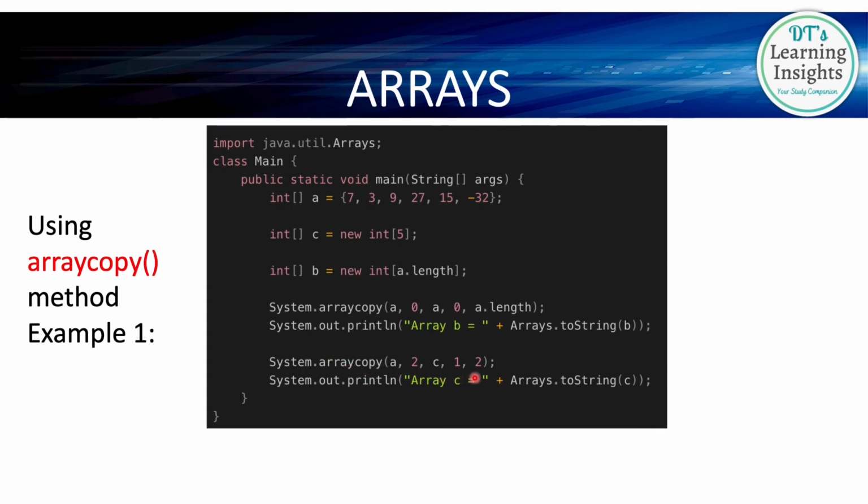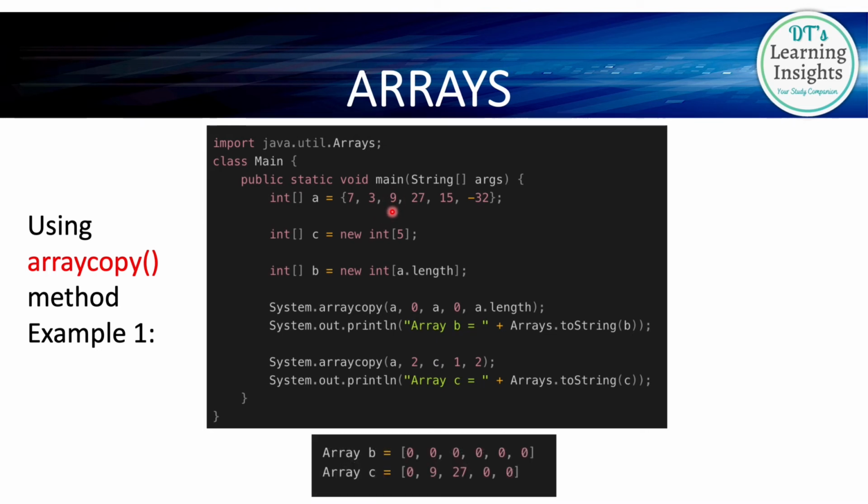Similarly, from this statement, we can understand that elements of the array A starting from index 2 are copied to array C starting from index 1, and then the array C is printed out. The difference is that for the array B, the values are copied from the start, whereas for array C, the values are copied only from the second index.